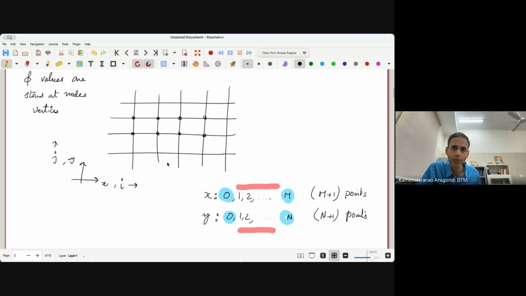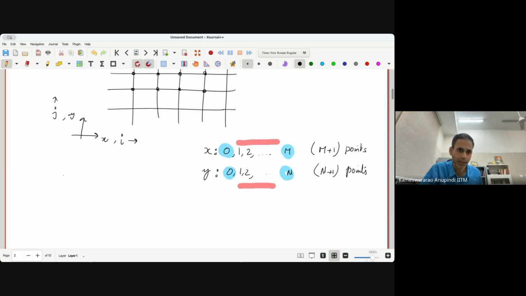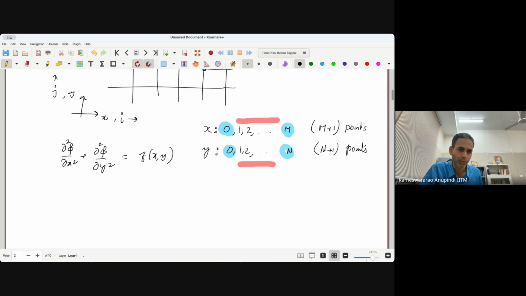Then we are going to write down our equation. The Poisson equation is partial square phi by partial x square plus partial square phi by partial y square equals f of x comma y. We already know that we can discretize this using our finite difference method, so we can approximate the second derivative.